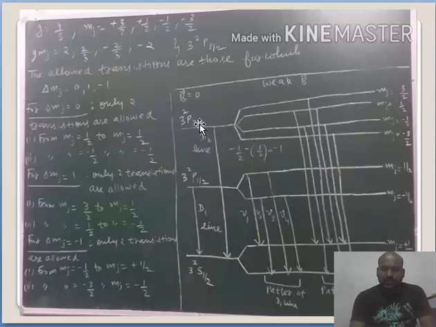This transition, that is 3p 3/2 to 3s 1/2 transition, like that, is the wavelength of the D2 line. So these are all about the sodium D lines energy level diagram. So please learn carefully and understand it.